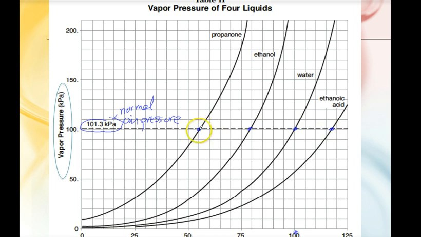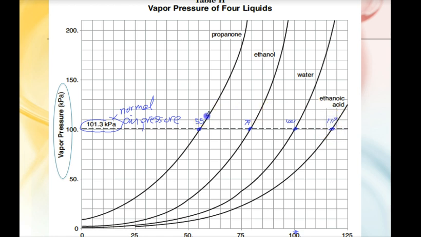Notice that they have very different normal boiling points. The boiling point for propanone is 55 degrees. For ethanol it is approximately, we'll say, 79. It's a little bit less. We know water is 100. And we know ethanoic acid is about, 5, 10, 15, let's say 117.